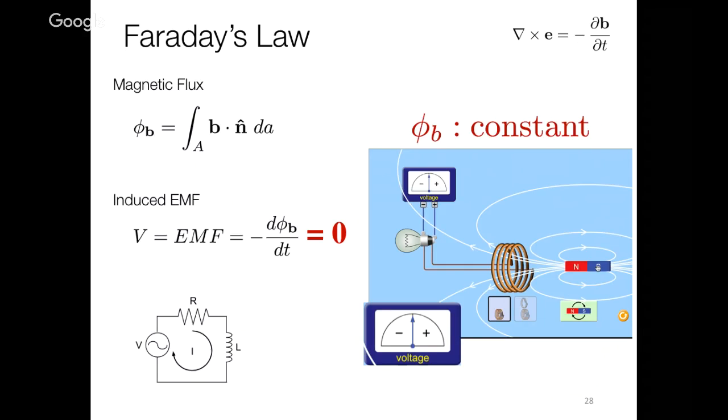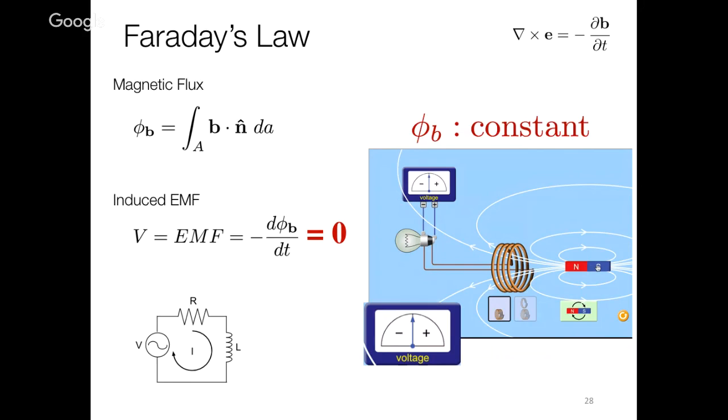B, if you remember, was the magnetic flux density, in Weber per meter squared.